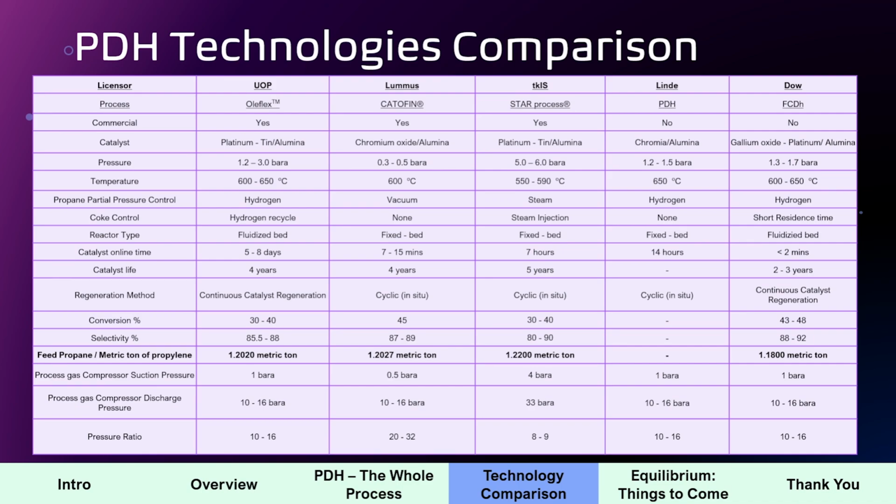All of them are going to be telling you, hey, my catalyst life is like 4 years or something like that. But at the end of the day, what will matter for every customer is not just how long the catalyst life is, but how the activity of that catalyst looks across that life.